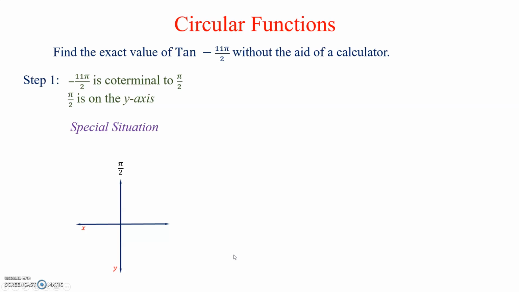So let's draw this out. If we have pi over 2 on our Cartesian plane, and let's just say this was the terminal side. If I put a point here, that point will have very specific coordinates because it's on the y-axis. The coordinates, 0 and some value for y, like a y-intercept.